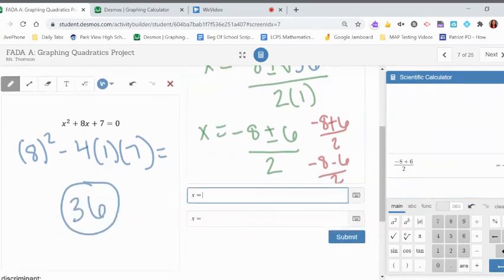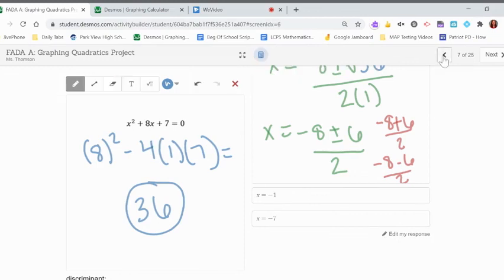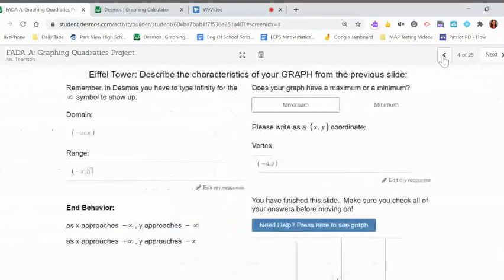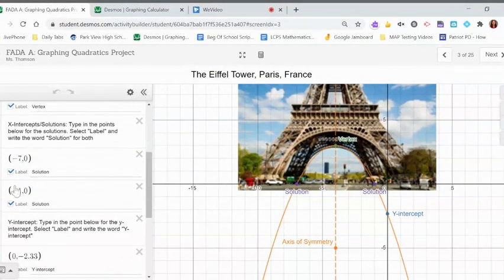So that is one of my solutions, negative 1. And then the other one I'm going to do, division, negative 8 minus 6 divided by 2, and that will give me negative 7. Okay, and these are my solutions. Again, if you go back to our graph, those are my solutions, negative 7 and negative 1.